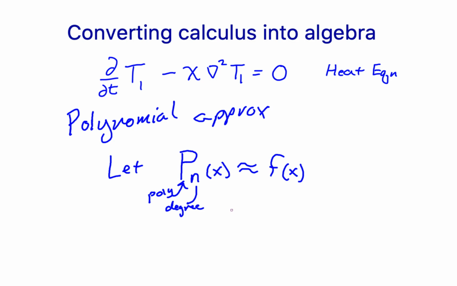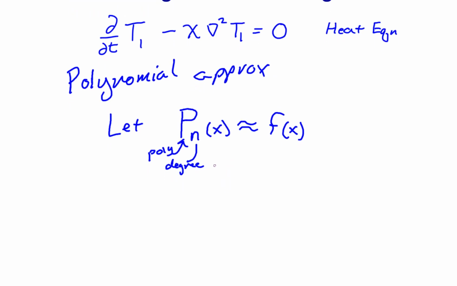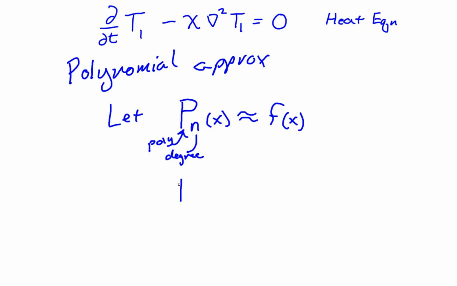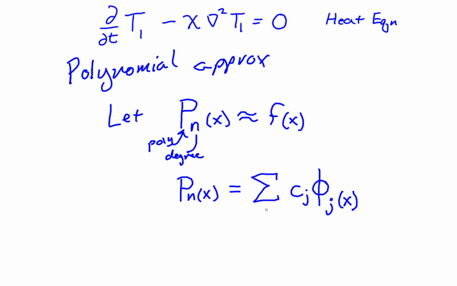So if we have a polynomial, P sub n, that approximates a function, what do we actually mean? What a P sub n is, is a sum, a collection of a whole bunch of individual polynomials. It's a linear combination of individual polynomials. I'm going to represent them as a phi here, sub j, which vary in space. And each one has a weighting, a coefficient c.